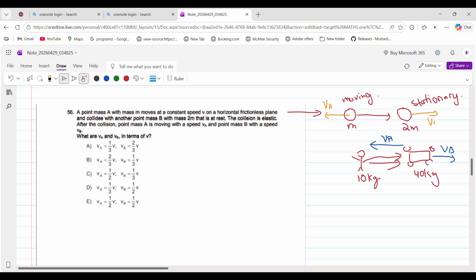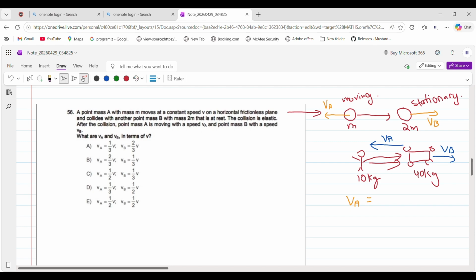Now for finding this VA, the final velocity of the first object, we have a formula. VA, or you can write V1 as well, they are both the same for now.